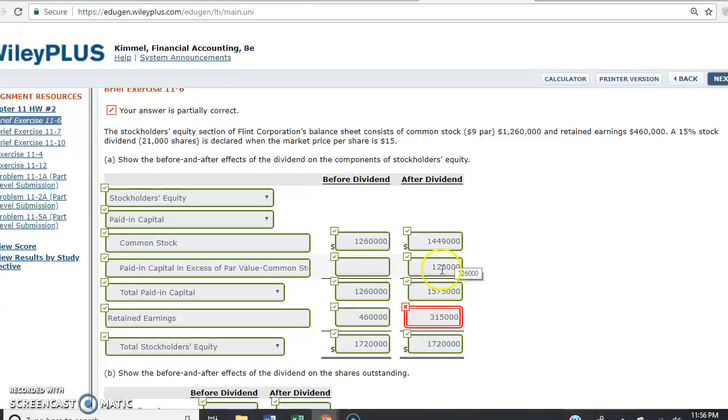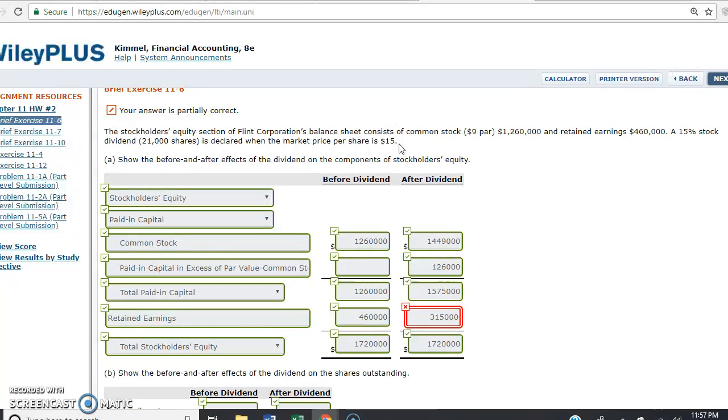The next part is actually pretty simple. I tripped up on it the very first attempt. To find the paid in capital in excess of par value, we take the difference between the new stock price and the par value. The market price of the stock is $15, and the par value is $9, so we're looking at a $6 increase per share.